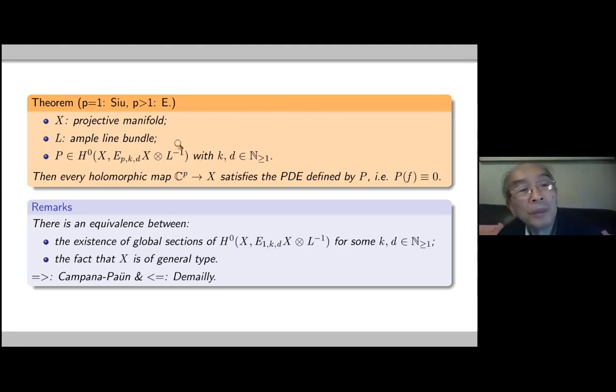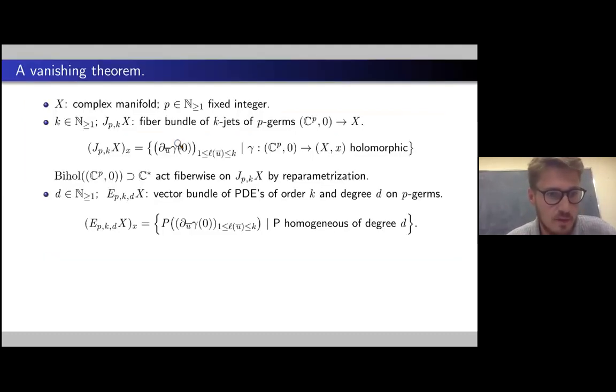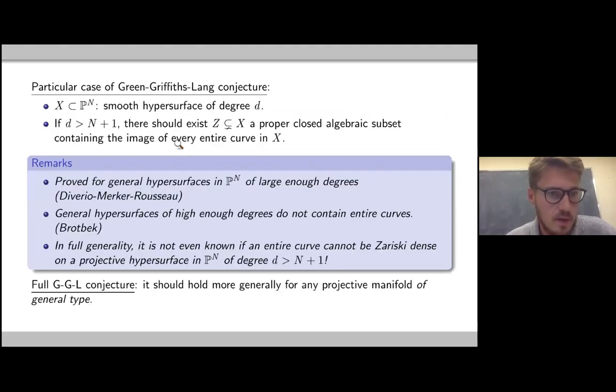So you're saying that the set of holomorphic maps from CP to X is very, very small and perhaps even finite or something like that? I mean, finitely generated, let's say. Yeah, that's actually the content of the conjecture. It says that if there exists some, it's really special.